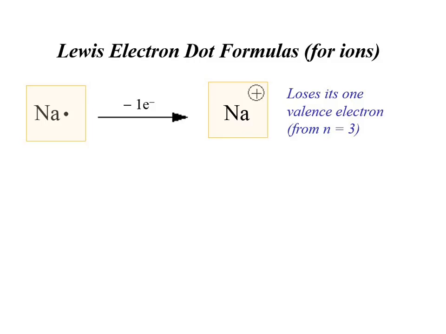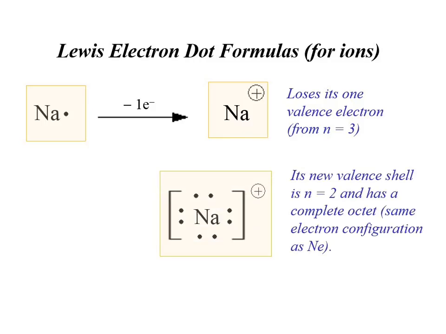Now the new sodium species, the Na+1, actually gained a new octet, but its octet is in the N-1 subshell. We'll be talking about that in a minute. This is kind of confusing. This guy right here is 1s2, 2s2, 2p6, 3s1.